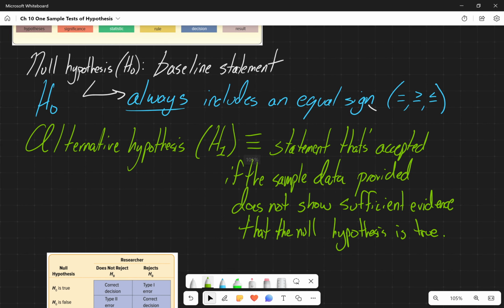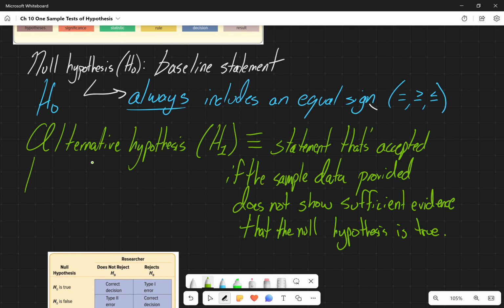So this alternative hypothesis is always going to have a not equal to. If we have a greater than or equal to here, the complement of that is less than. And if we have a less than or equal to over here, the complement of that is greater than.